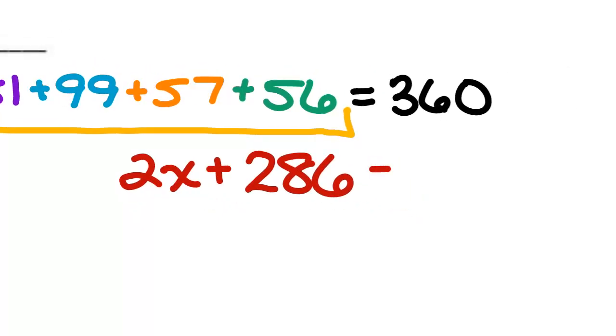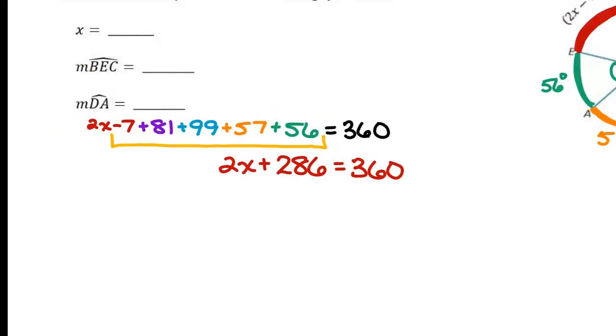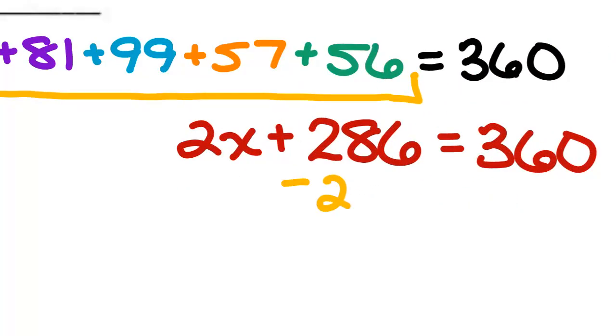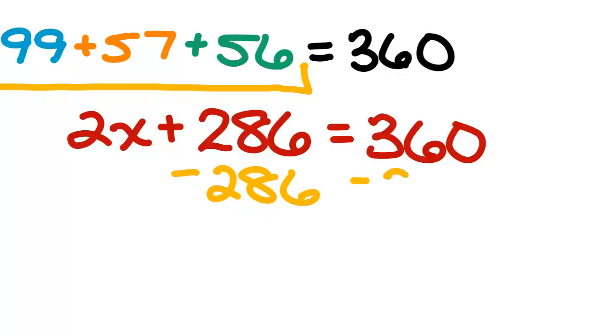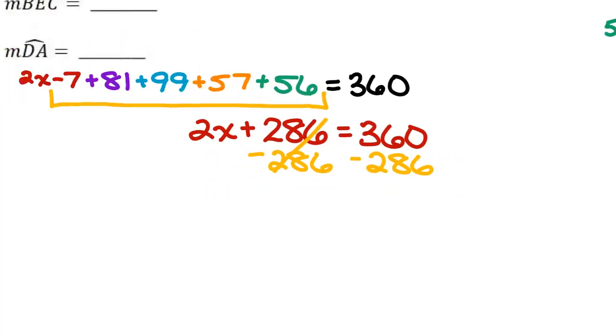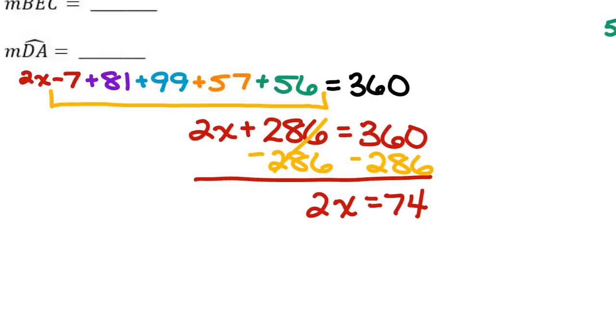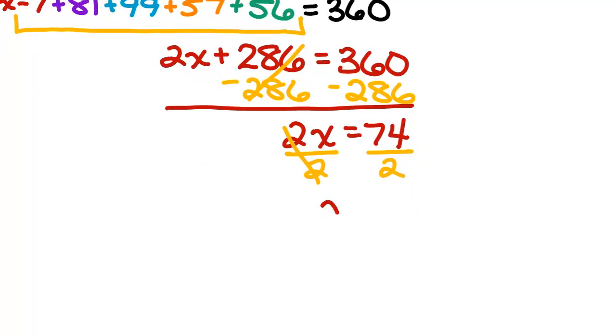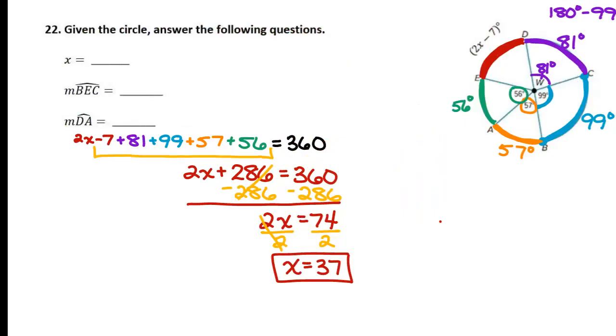So 2x plus 286 equals 360. And then we subtract 286 from both sides. I get that 2x equals what? 2x equals 74. And then we divide both sides by 2. And what do we get? 37. x equals 37. So there's my first answer.